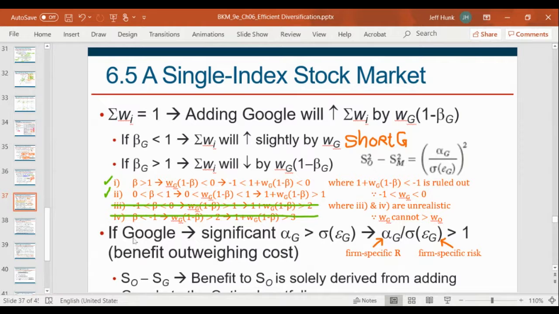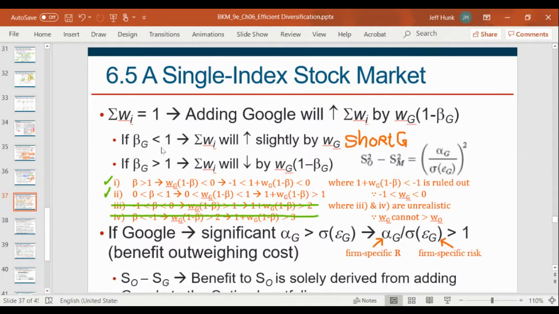First of all, what if beta was greater than 1? Before that, let's note that all the weight will have to be 1. And adding Google will increase the weight by the weight of Google times 1 minus beta. So in other words, this is the explanation behind it.